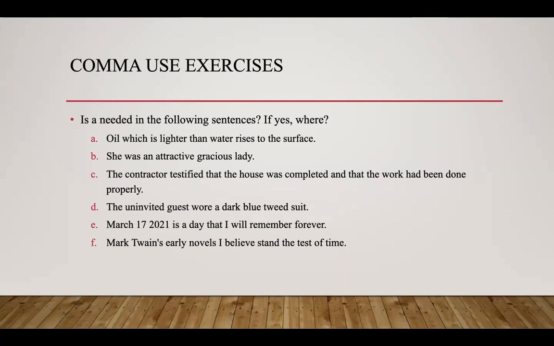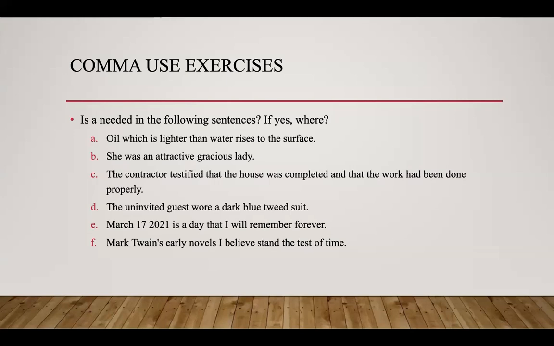Yes, we should. Basically, we're not separating the subject, as a matter of fact, but we're separating the extra piece of information identified by the clause, which is lighter than water.